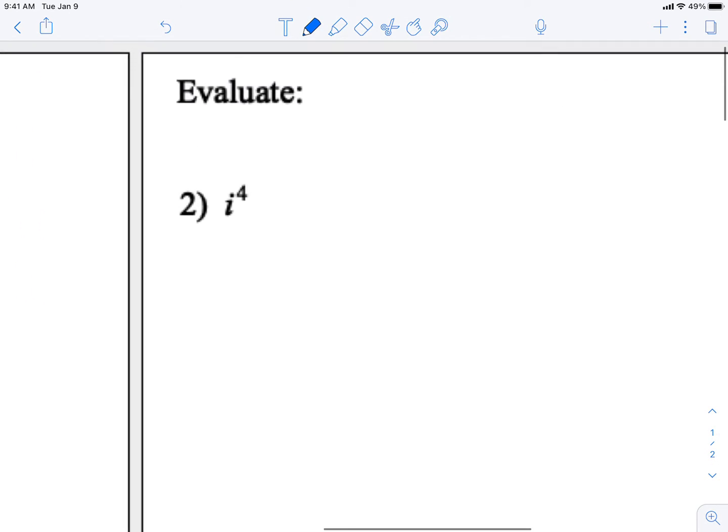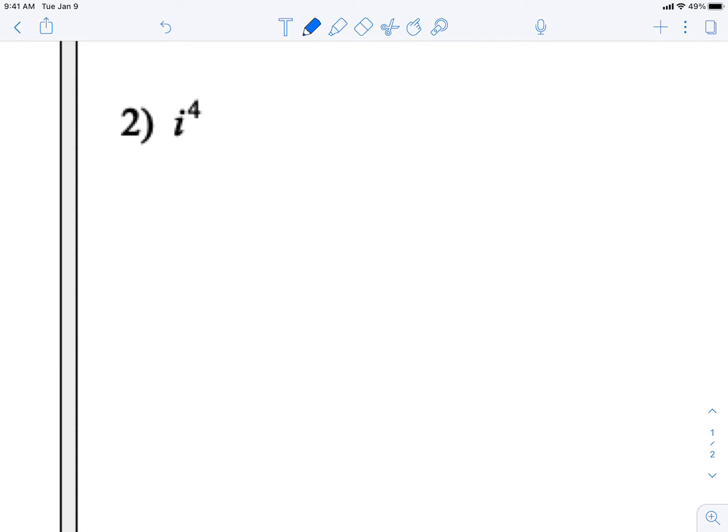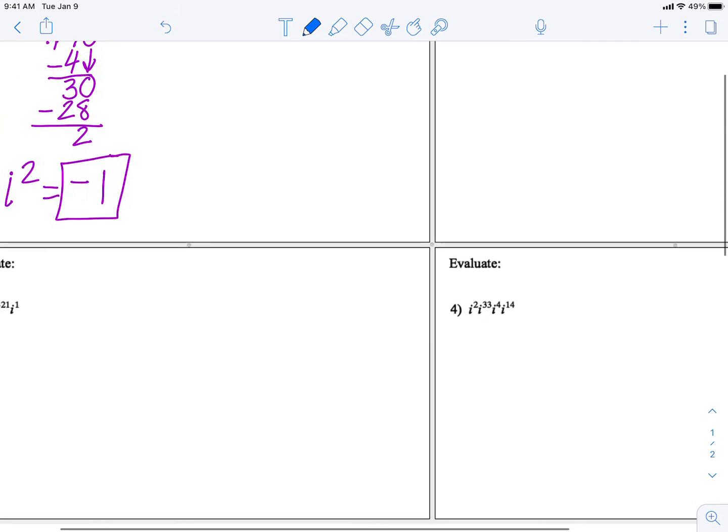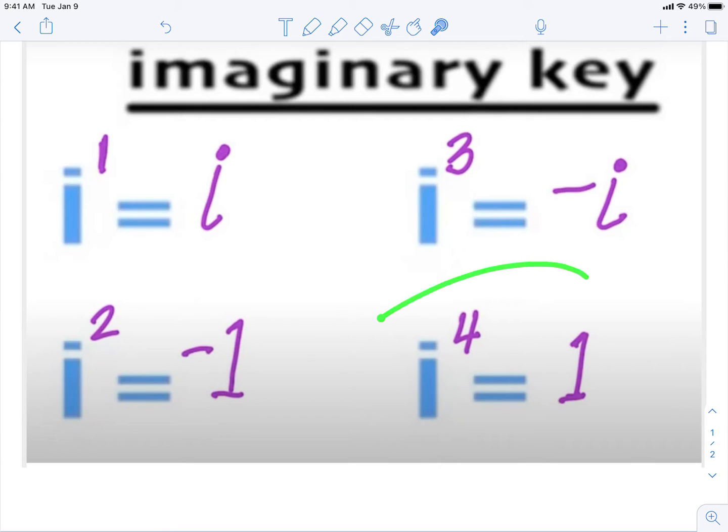Number 2 is i to the 4th, right? Now, I can divide i to the 4th. I can, right? But look at this. i to the 4th. Well, what the heck? It's already here. How much is i to the 4th? 1.